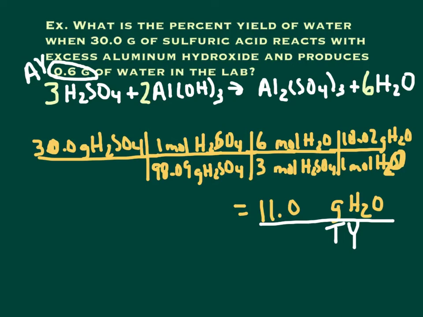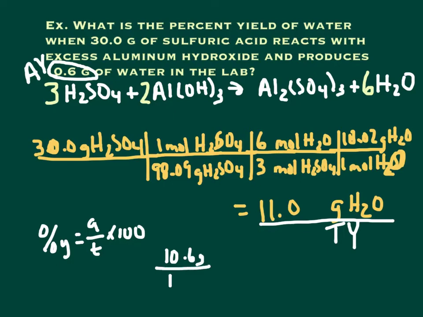So now, to find percent yield, remember percent yield equals actual over theoretical times 100. My actual yield was given to me in the problem, and that is 10.6 grams.